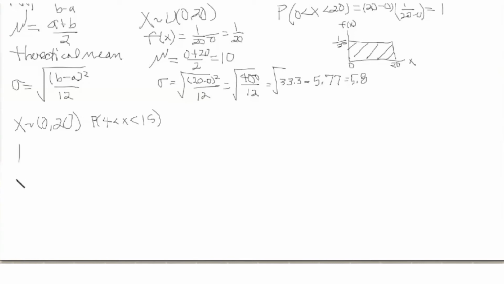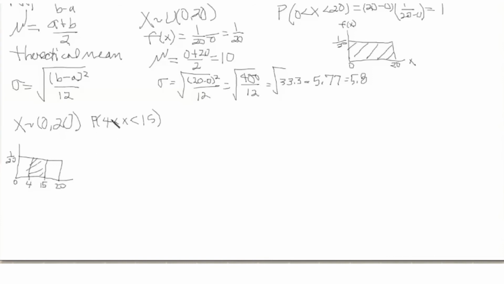Okay, so for that, my graph, I'm still going to have the same A and B points, and my f of x is going to stay the same. But now I'm looking for the area between 4 and 15. So I'm just looking for a smaller area.